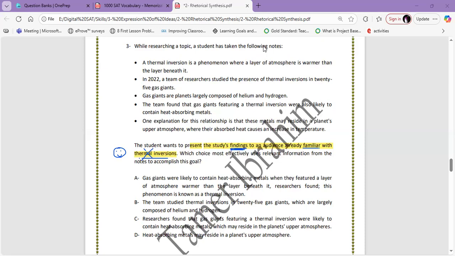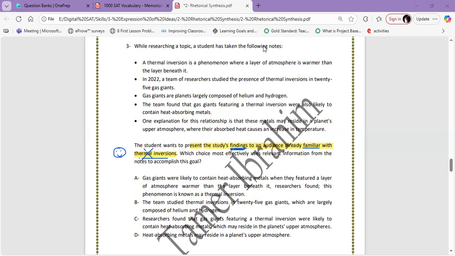I got the answer from Muhammad Hani. I want the findings, but don't talk more about thermal inversion. I got the answer from Khalid. No, from Zain. I got the answer from Zain and from Khalid.